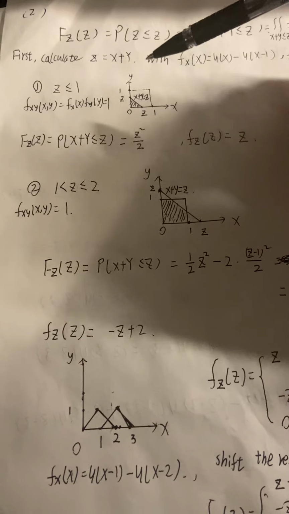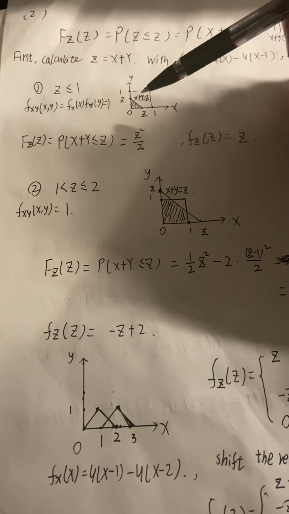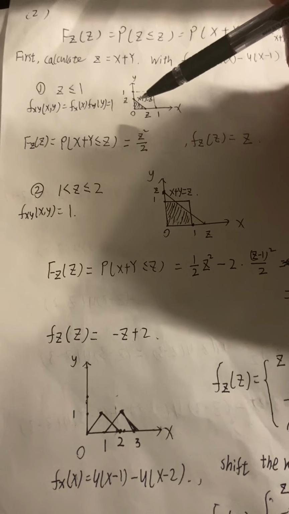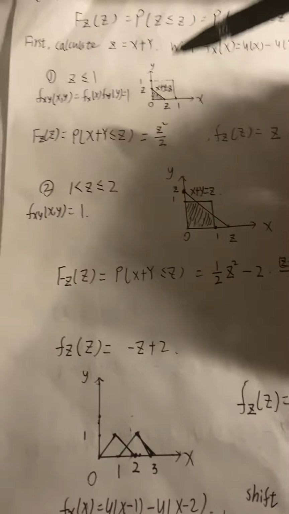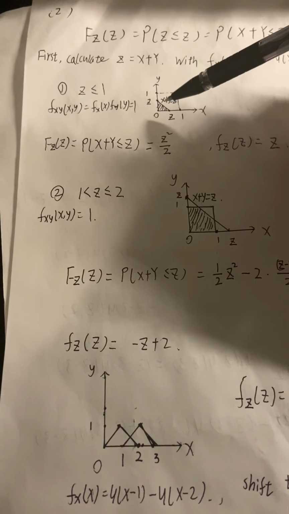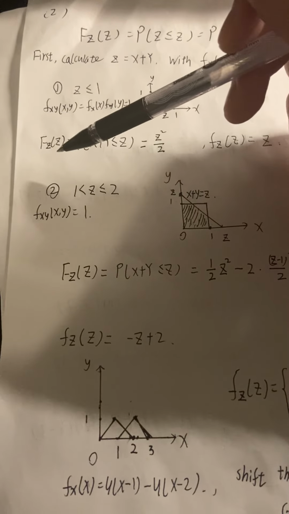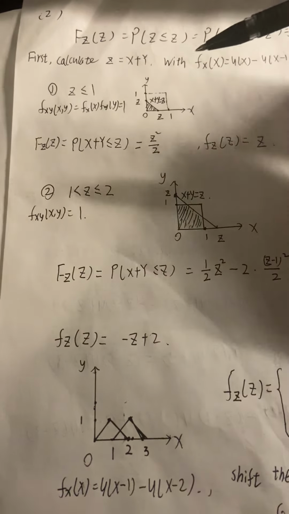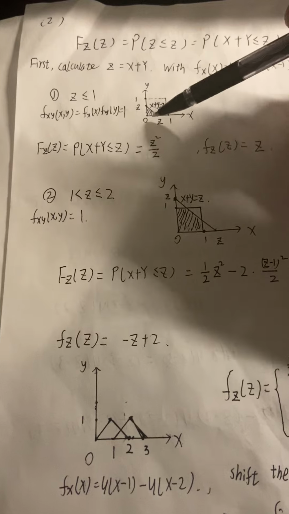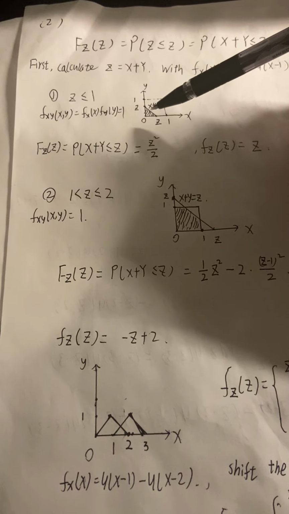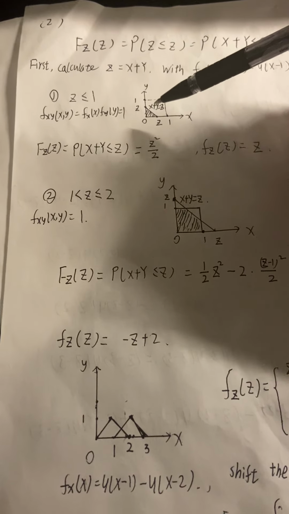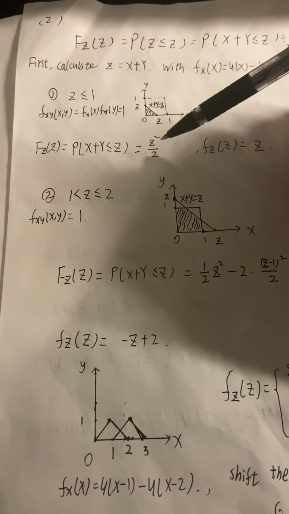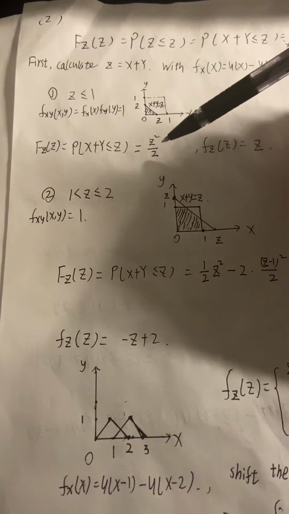So for the shaded area x plus y less than or equal to z, the area of this region will be the distribution function of Z. We calculate the area of this triangle, and it will be z squared divided by 2.